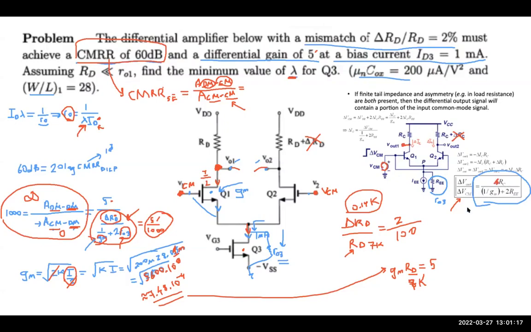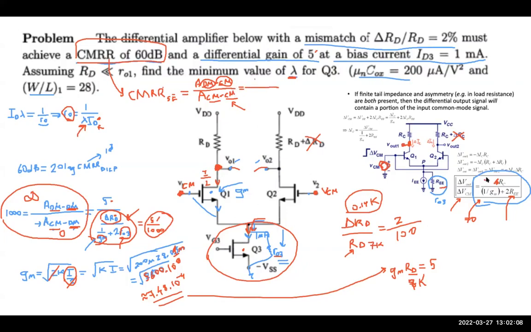We want to make this as small as possible, but it is still something. Why is this not 0? Because REE is not infinite. Because we have this transistor looking here, we see RO3, in this case REE. That's why this is not infinite.